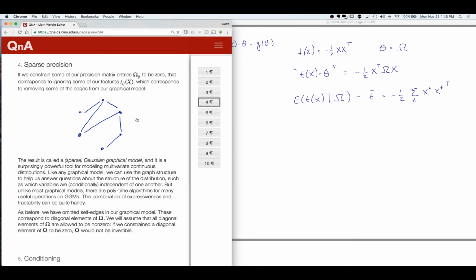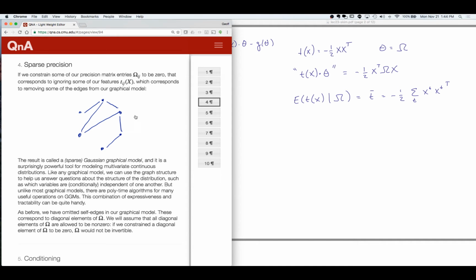And if you remember, because this is a Gaussian distribution, all of its single variable marginals are Gaussian. And if that doesn't agree with your data, we talked several lectures back about this idea of a copula that lets you fit non-Gaussian marginals. We're going to ignore that for today, but just keep in the back of your head that if your marginals aren't Gaussian, you can fix that problem by using a copula.